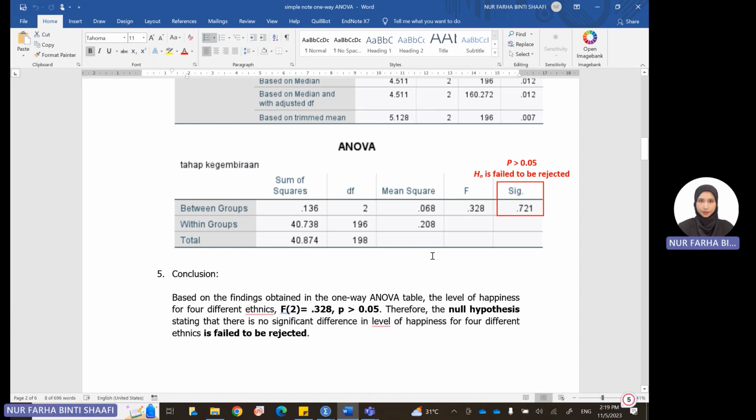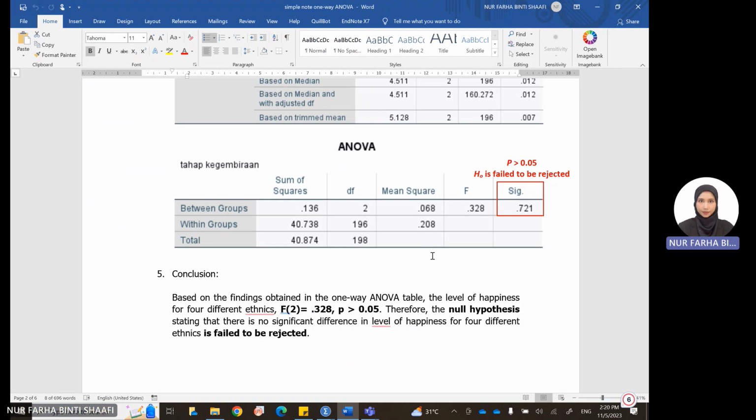From this Anova table, what you need to see is the significant value. Look at your significant value, whether it is more or less than 0.05. Please take note.